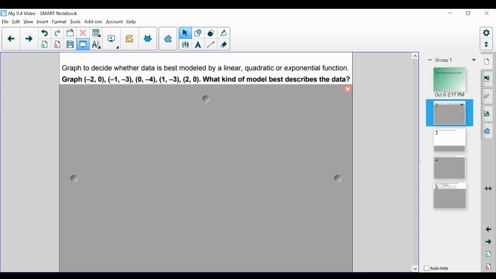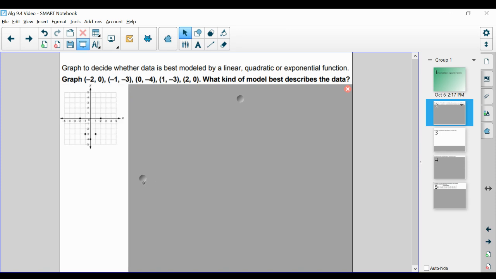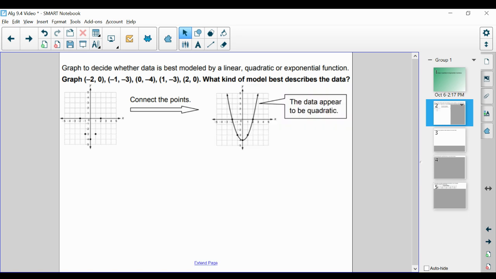So we are asked here on your guided notes to decide whether data is best modeled by a linear, quadratic, or exponential function. We're given these 5 coordinate points, and we're asked what kind of model best describes this data. The best way that we can do this, especially if we are provided a graph, is to physically graph the coordinate points and see what happens. As we connect these points, we're going to see that the data appears to be quadratic.